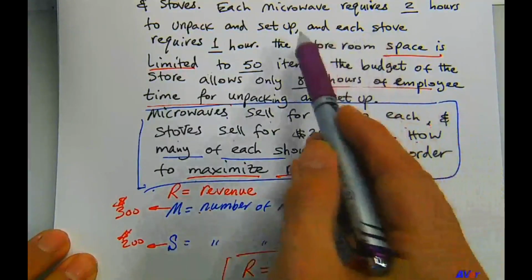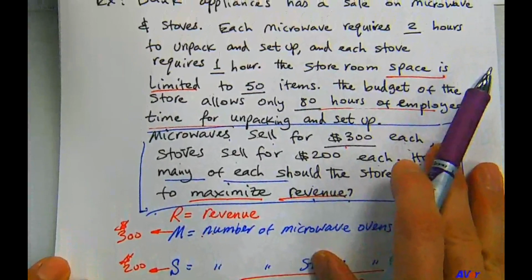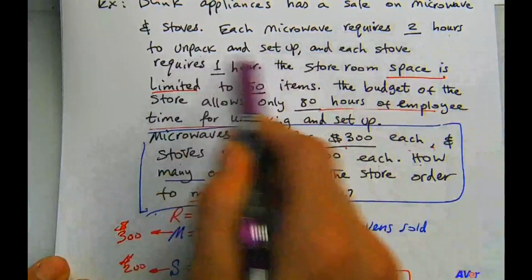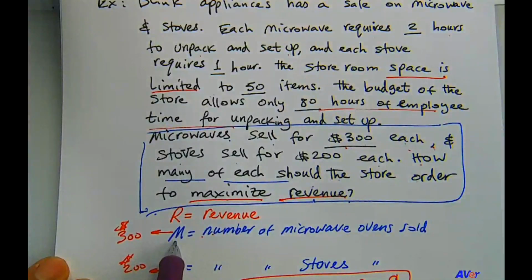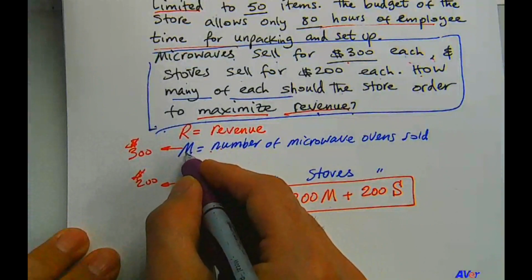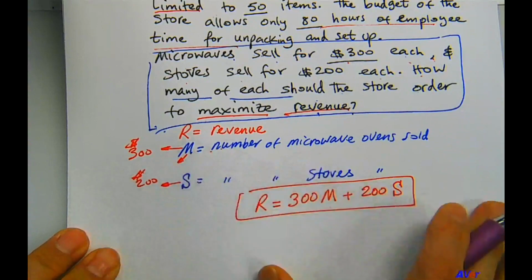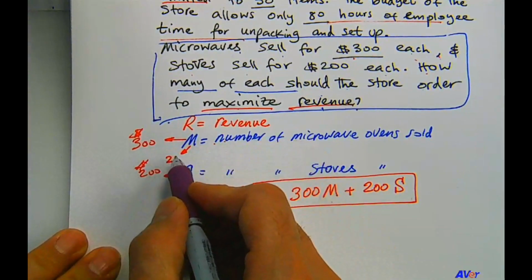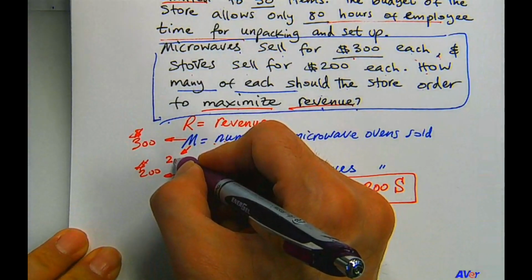Okay, so each microwave requires 2 hours to unpack and set up. Okay, let's attach that information to this variable M that we introduced, right? So I'm going to put an arrow here, and I'm going to say 2, that's 2 hours for unpacking and setting up.